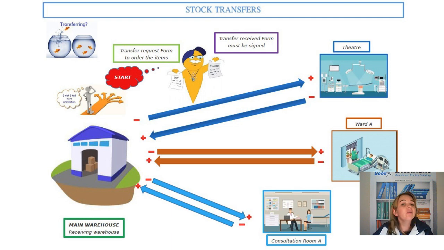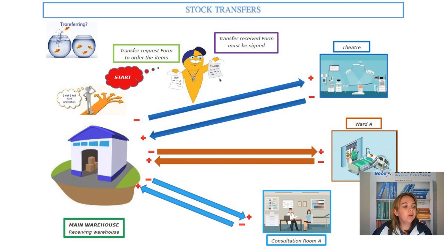Normally in the bigger practices, when you are working with transfers, you will receive a transfer order from the other warehouses. They will tell you, please, I need this stock. Can you please give it to me? They will come with a piece of paper, depending on how your practice works. They will walk to the main warehouse and say, I need this information for this warehouse.